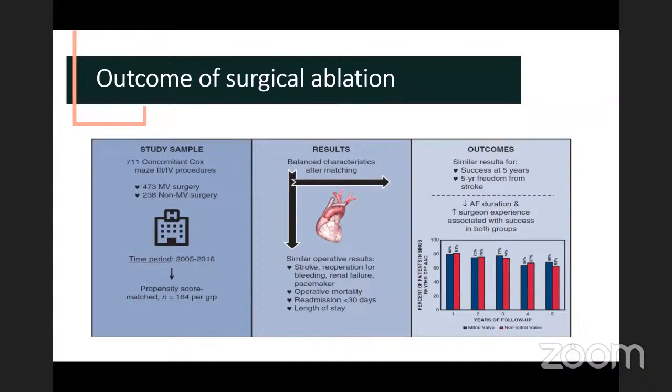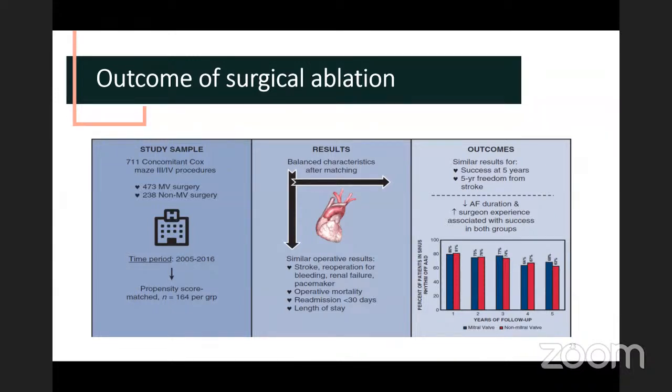They examined the operative risk, and they found similar operative risk in terms of stroke, reoperation for bleeding, renal failure, and pacemaker. Operative mortality was also similar, as were readmission within 30 days and the length of stay. The outcomes showed a similar success rate at 5 years, and similar freedom from stroke at 5 years.